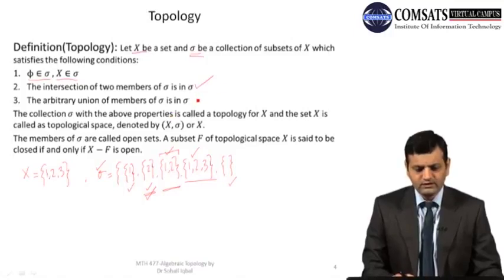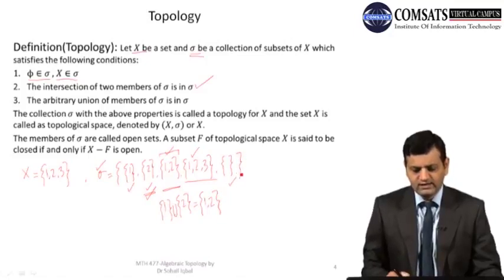The third condition is that the arbitrary union of members of sigma is in sigma. I can take the union of any collection of elements of this sigma, and the union must belong to sigma. For example, if I take {1} and {2}, their union is {1, 2}, which is again an element of this set.